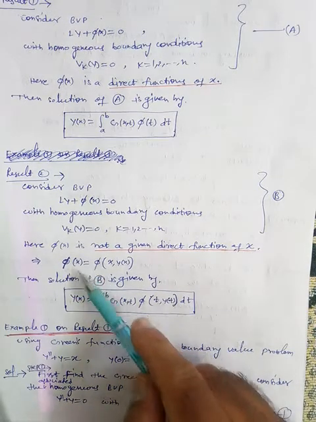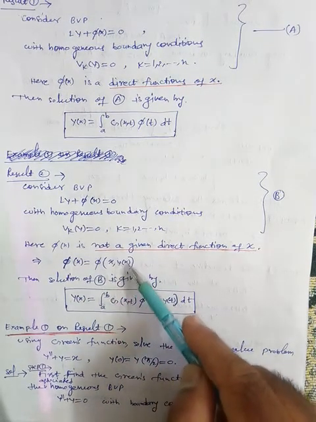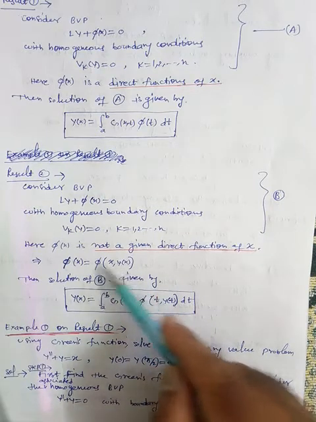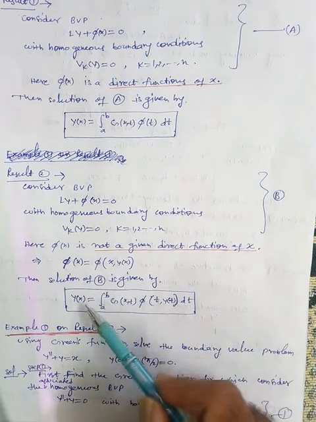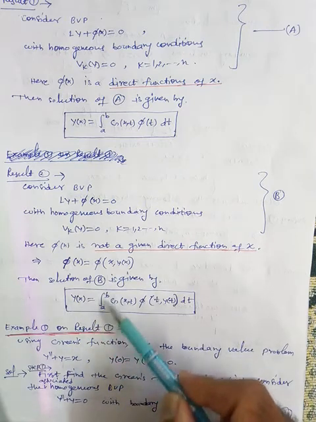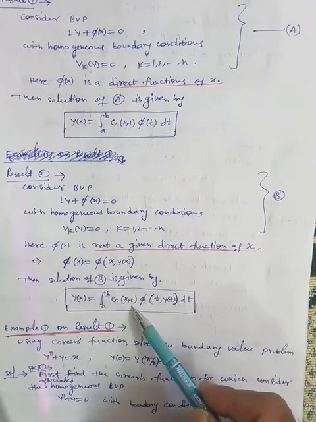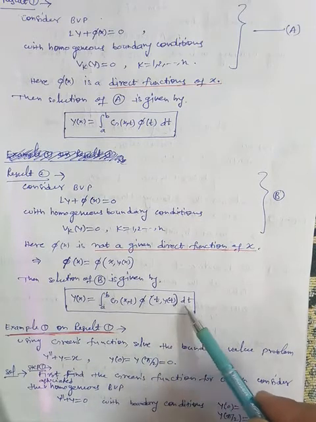That means phi is a function of x and y(x). So this is an indirect function. Here the solution is given by y(x) equals the integral from a to b of G(x,t) phi(t, y(t)) dt.